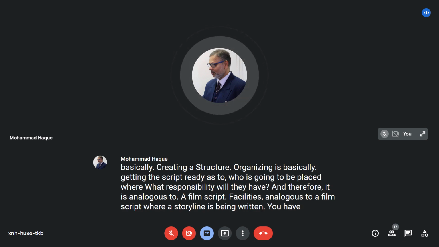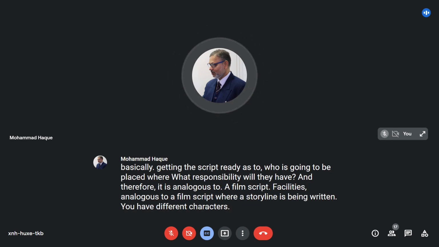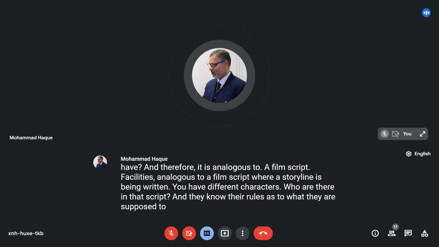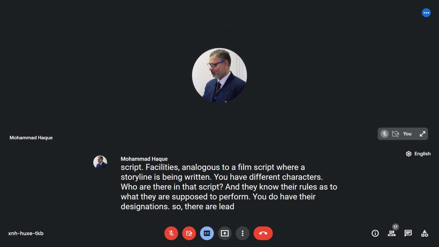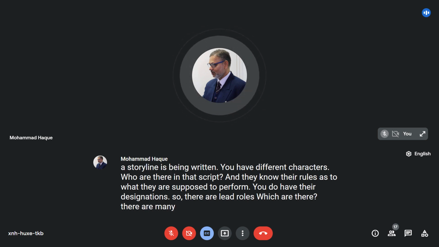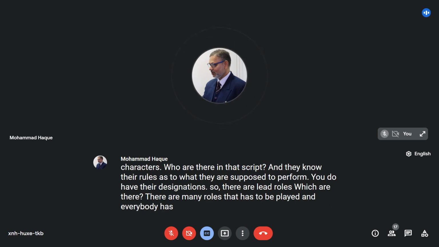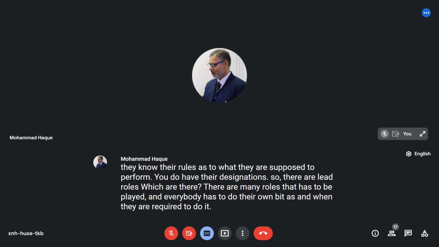You have different characters in that script, and they know their roles as to what they are supposed to perform. You do have their designations. So there are lead roles, and there are many roles that have to be played, and everybody has to do their own bit as and when they are required to do it.